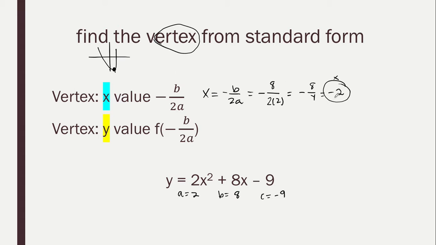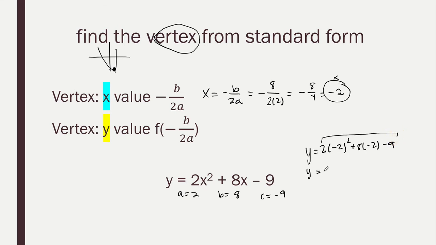If I have the x value, what do I do with my equation to find my y value? That's right, I plug it in. I just had a feeling people were saying that, right? Because at this point, we know. We substitute back in. And remember, you can put this whole thing into Desmos.